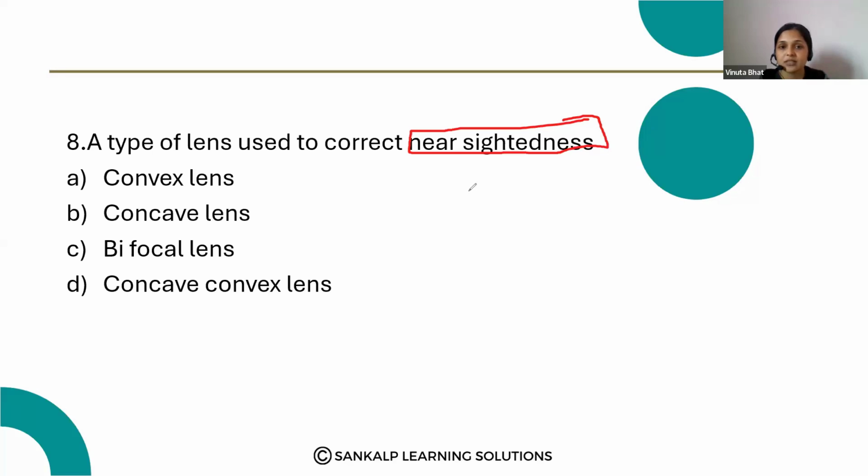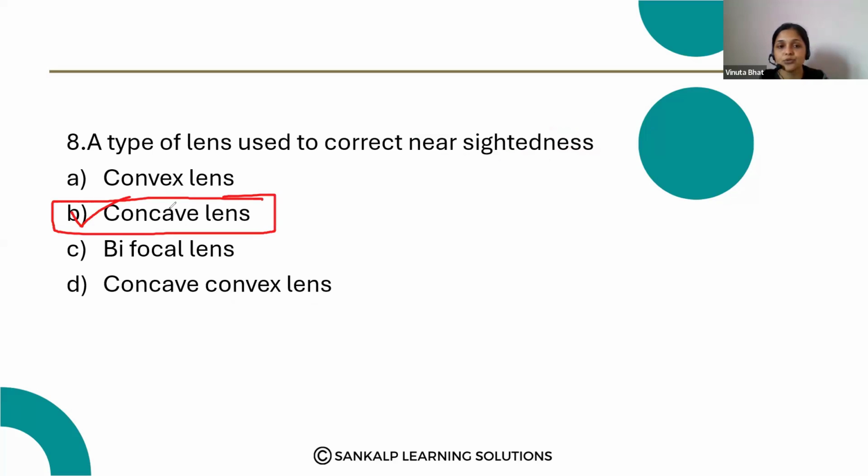So to cure this defect, option B, concave lenses, are used to correct myopia. Okay, so option B.